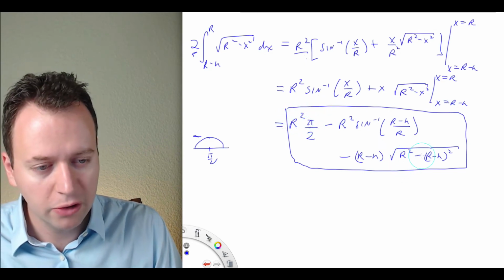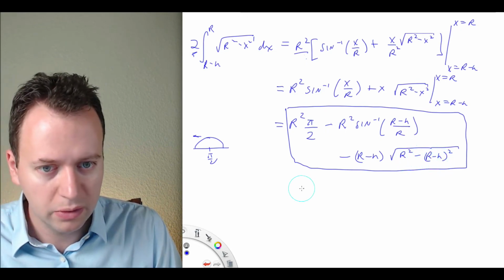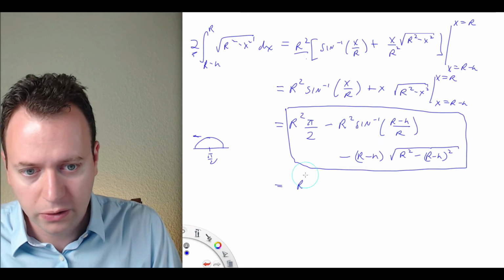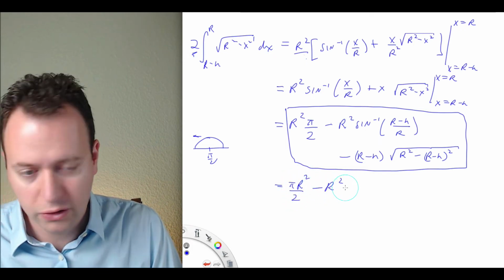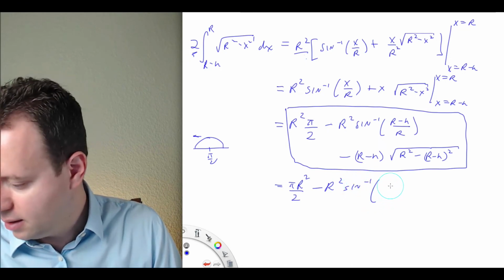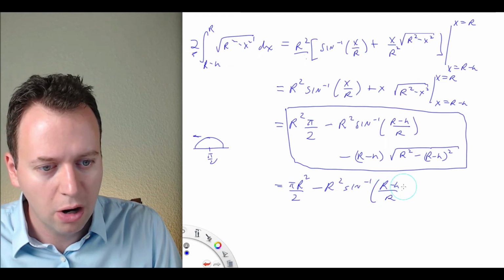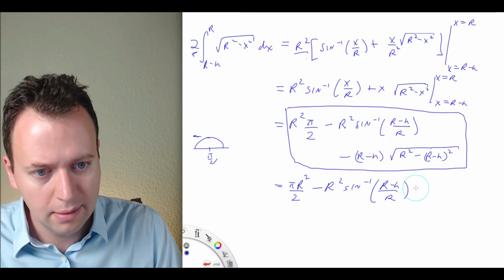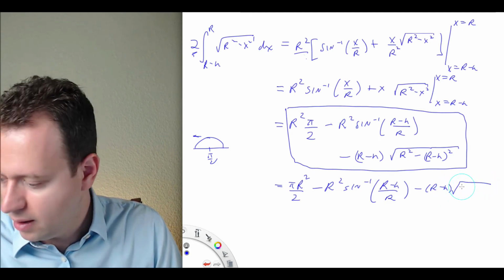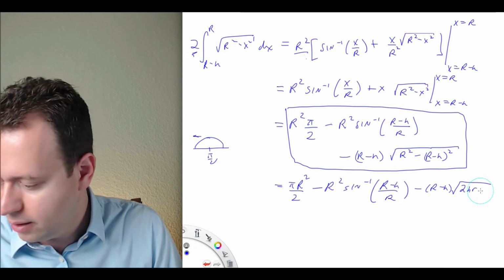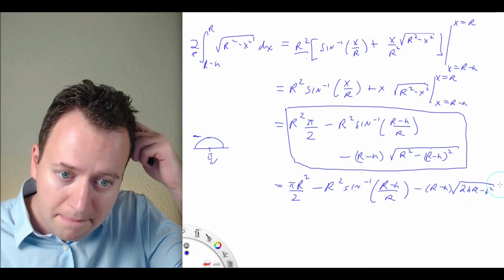Now this one, r squared minus r squared cancels out, so it simplifies as follows. So we get pi r squared over 2 minus r squared arc sine of r minus h over r, and then minus r minus h times the square root of 2hr minus h squared, like that.